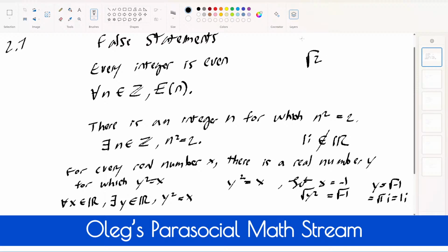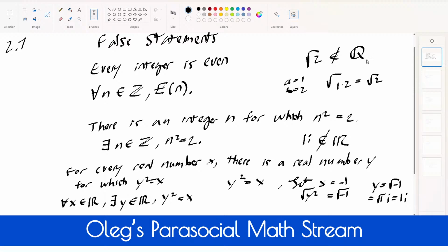So if any two rational numbers, we're just going to say a is equal to 1, b is equal to 2. The square root of 1 times 2 is root 2. That is an irrational number, and root 2 is not contained in the rational numbers. So that's another easy one to crack.